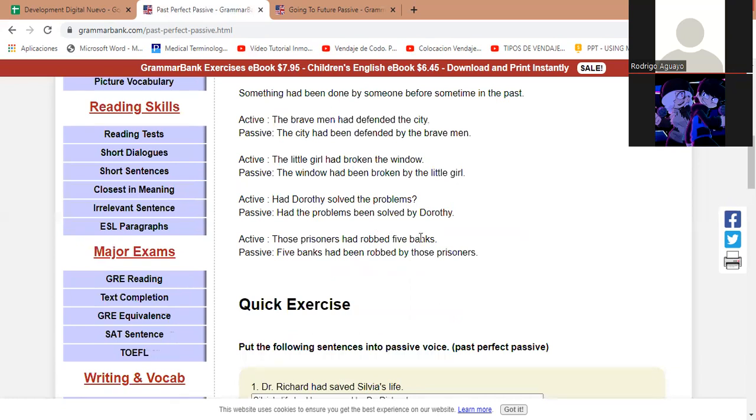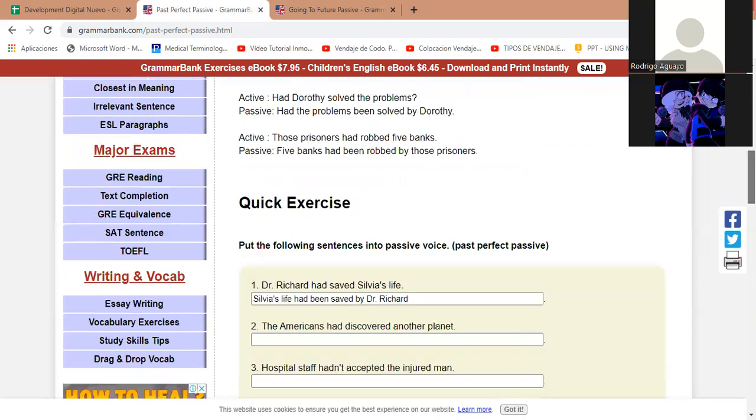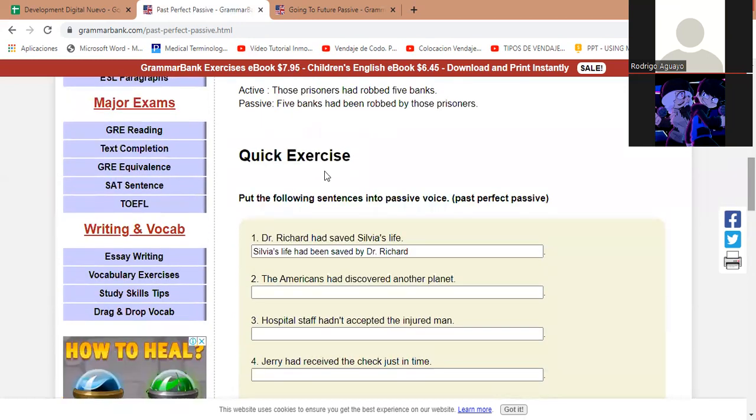They had robbed 5 banks, past perfect active voice. And the passive of that same sentence, the banks become the subject. They received the action. They had been robbed by the prisoners, right? That's why it's passive. 5 banks had been robbed, using the past participle form of the verb, by those prisoners. All right, so past perfect plus the verb in the past participle form.